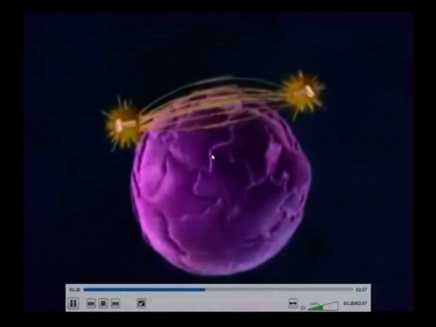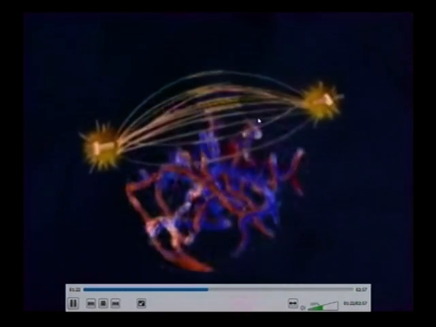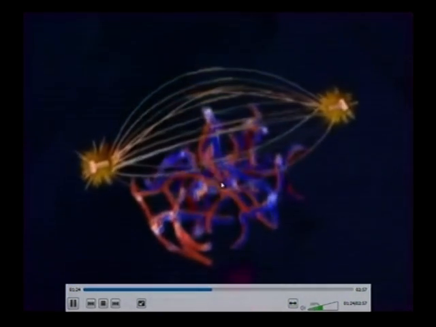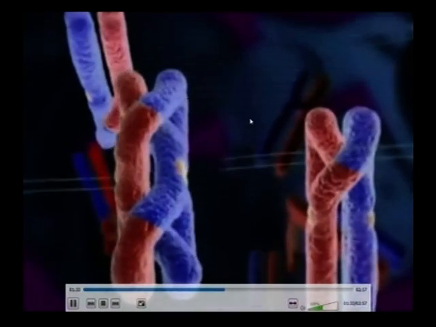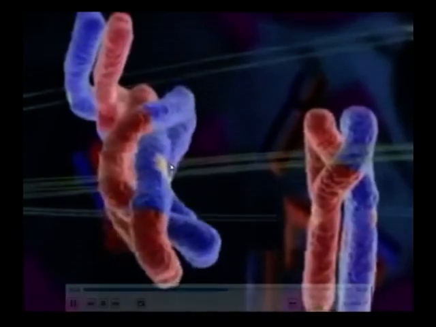Here this is the nuclear envelope, it disintegrates and the spindle fibers are formed. See friends, these are the centrioles, these are the spindle fibers formed, and you can see that these spindle fibers are attached to the kinetochore of the chromosome.